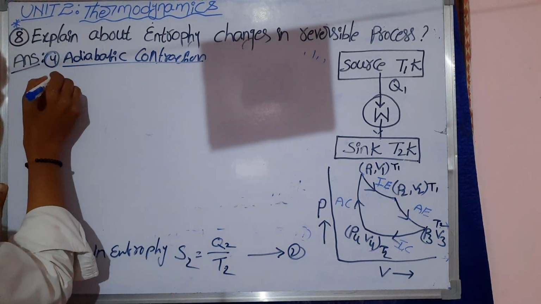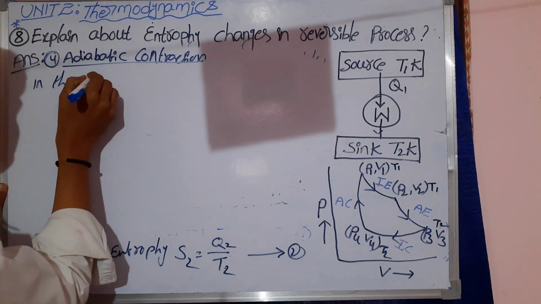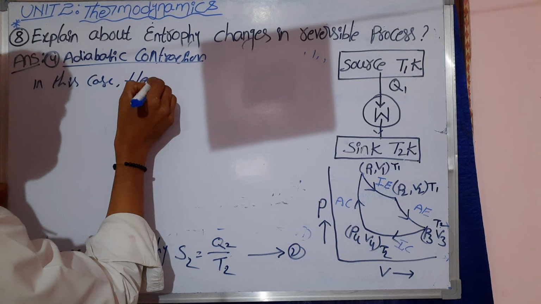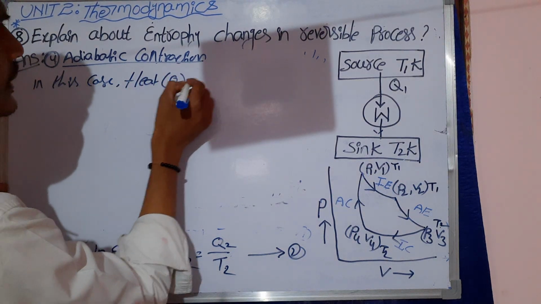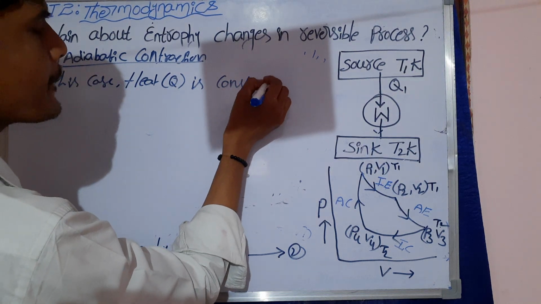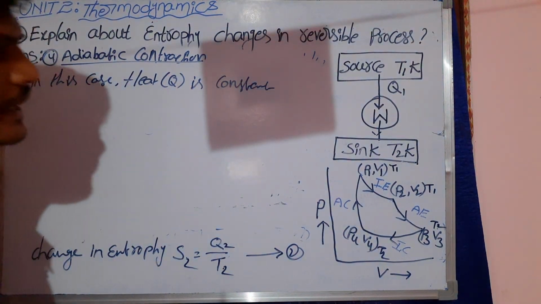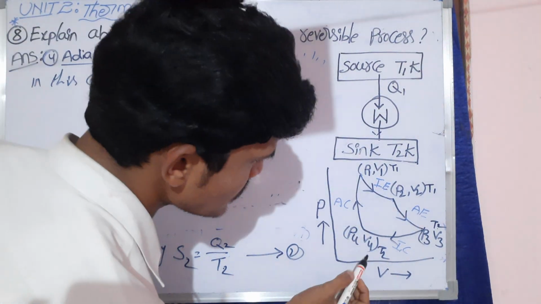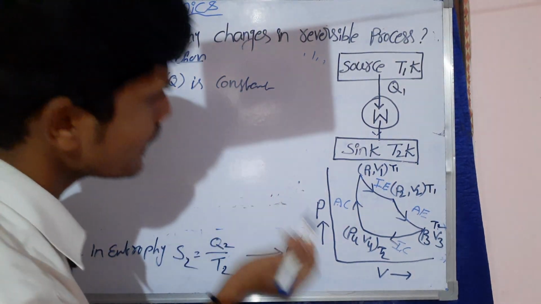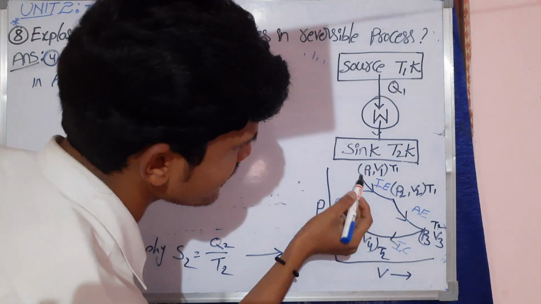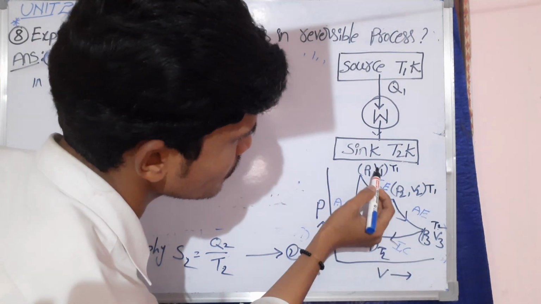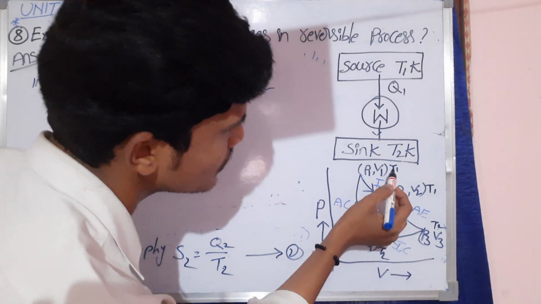In this case heat is constant. Remaining variables are changed: P4 to P1, V4 to V1, temperature T2 to T1.